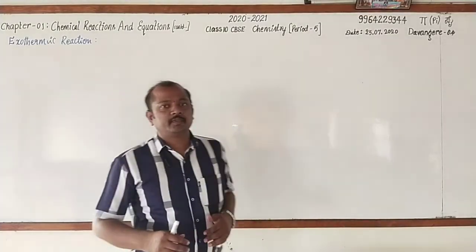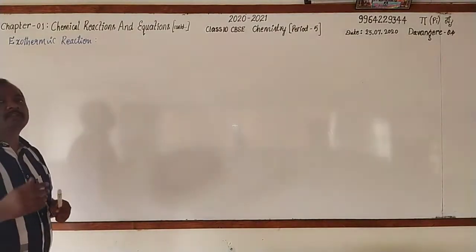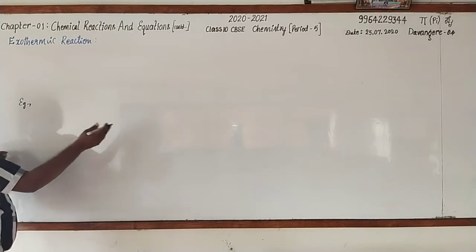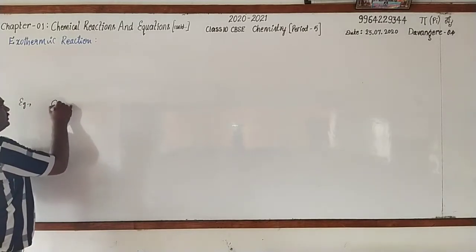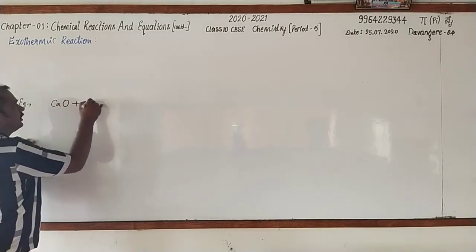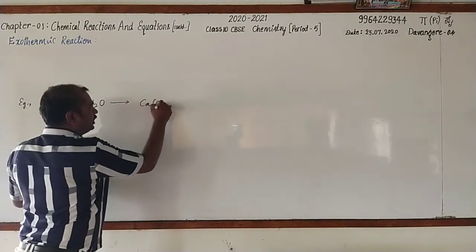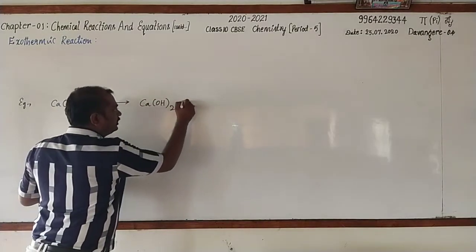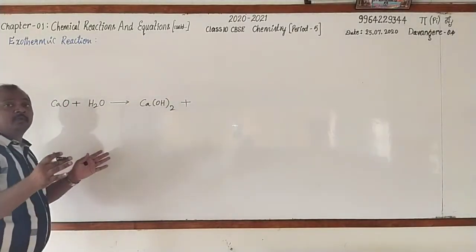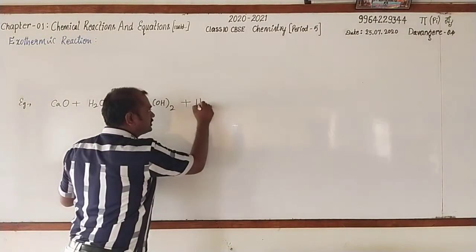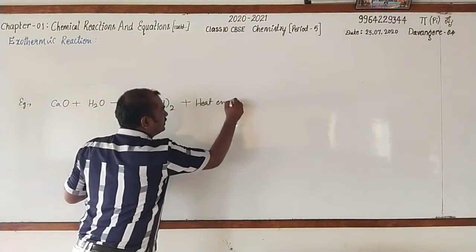Dear students, now I am going to take some simple examples for the chemical reactions. Keep observing. Just we discussed one chemical reaction, that is calcium oxide reacts with water to form calcium hydroxide. And you have also come to know that when the beaker is touched, we feel hot. That means heat energy is released.